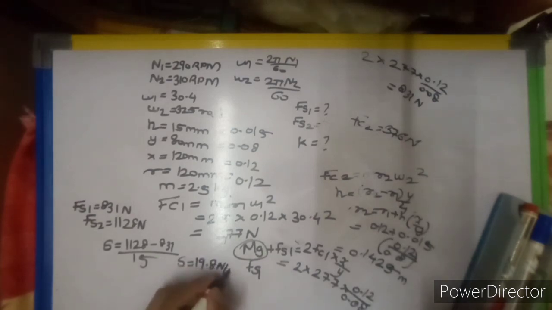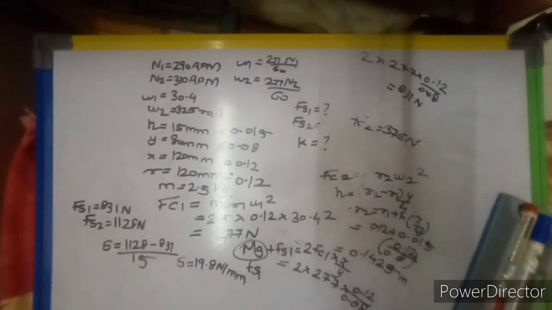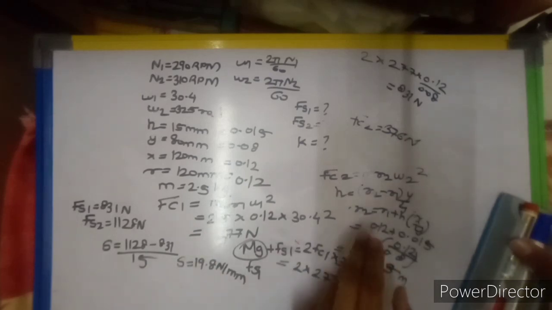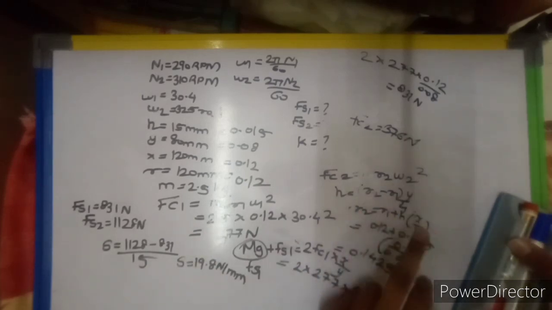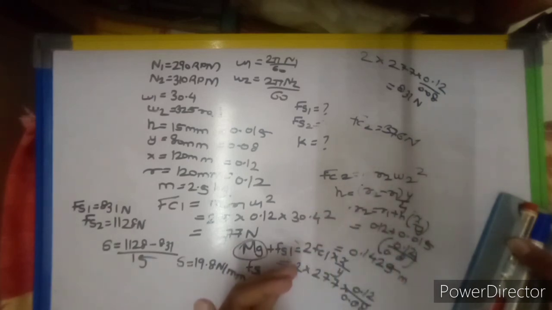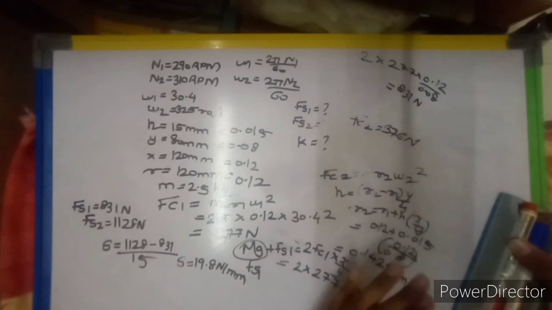So what I have done: I have found Fc1, the centrifugal force, applying the formula m r omega square. r1 was given, r is equal to r1 since the arms are vertical. Then I found r2 by the equation h equal to (r2 minus r1) into y by x. Then we took the moment equation when both arms are vertical, that is, the ball arm is at mean position, the sleeve arm is vertical to the ball arm, there is no displacement.